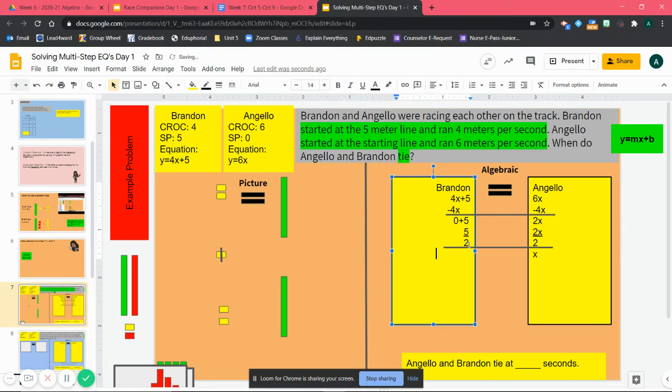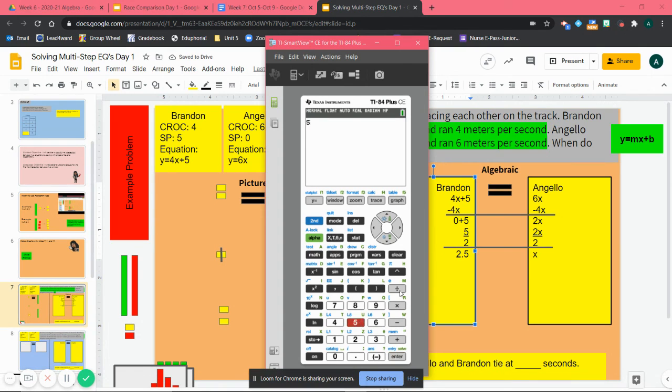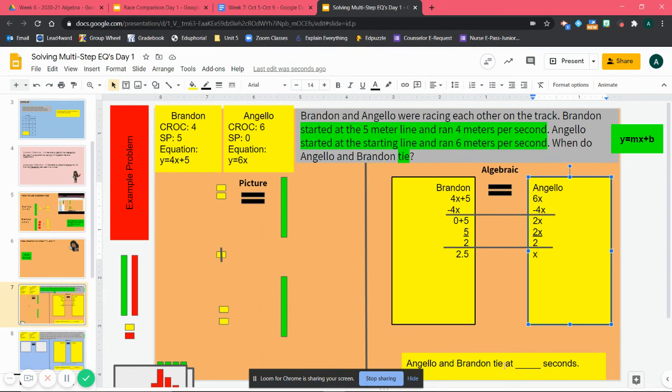And let's see, I am left with 2 and a half. 2.5. And I could see that here if I took my calculator. If I just took 5 divided by 2, I get 2.5. So Angelo and Brandon end up tying at 2.5 seconds.